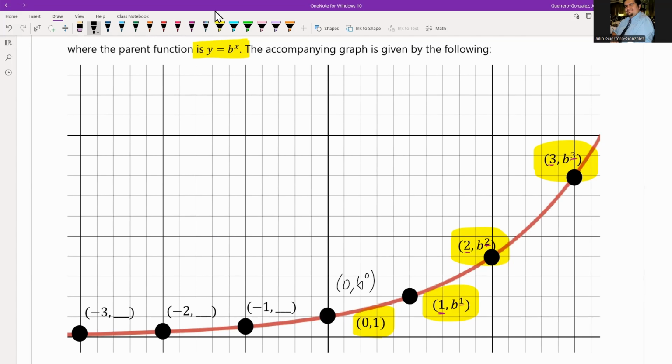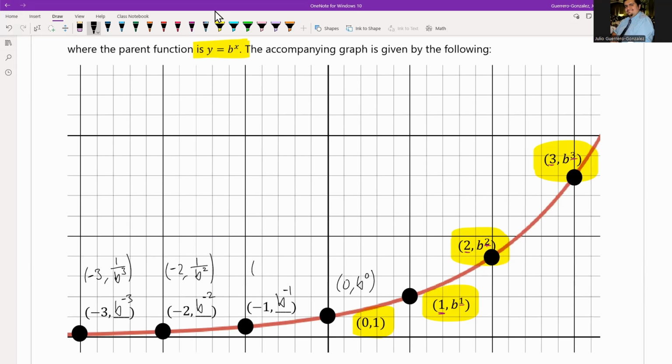So if it's -1, this is going to be b to the -1. The next one is going to be b to the -2. And this one's going to be b to the -3. Now, if you remember, again, your exponent rules, right? You know that we can change some of these. -3, comma, when you have a -3 as an exponent, that's the same thing as 1 over b cubed. -2, comma, whenever you have a -2, that's the same thing as 1 over b squared.